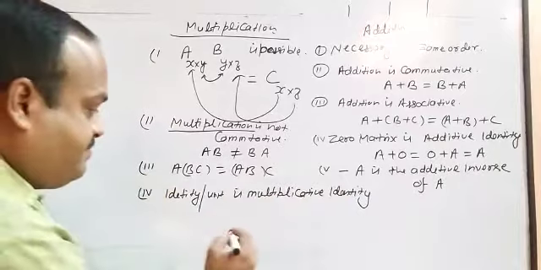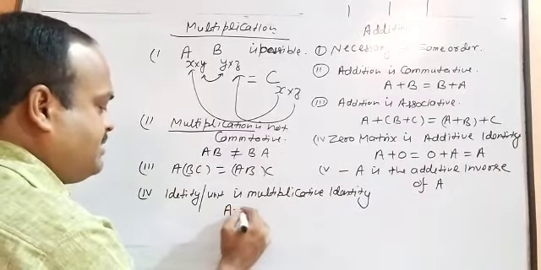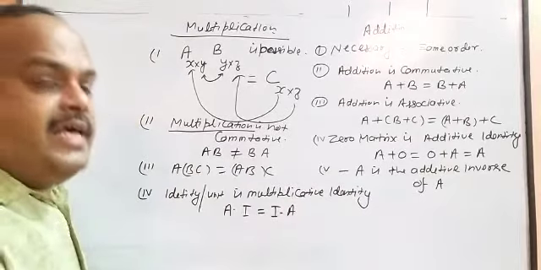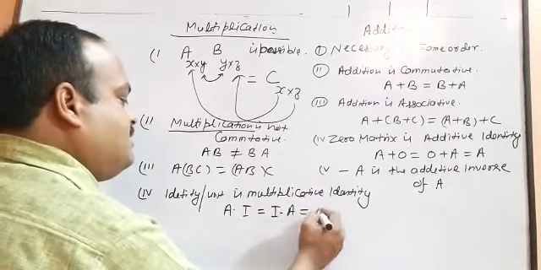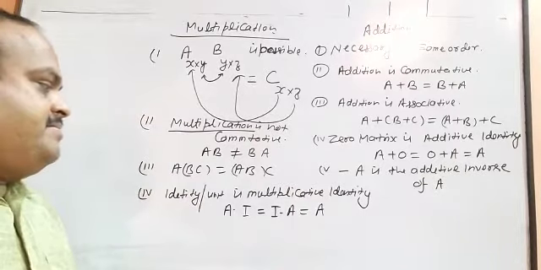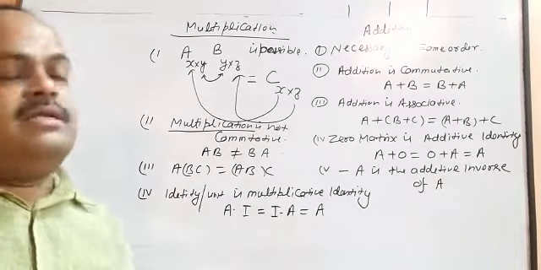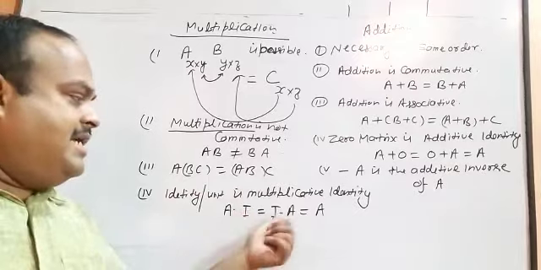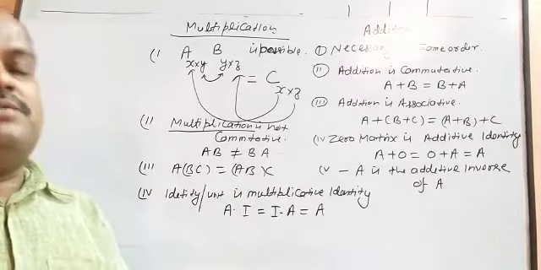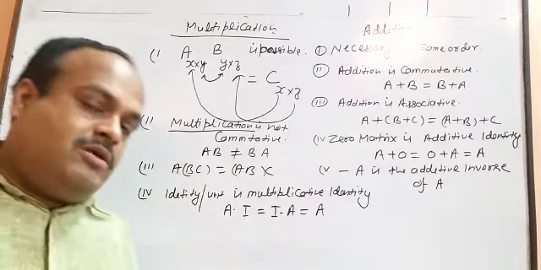I mean, if you multiply A with I or I with A, the result will remain A. So here I is the unit matrix or multiplicative identity matrix.